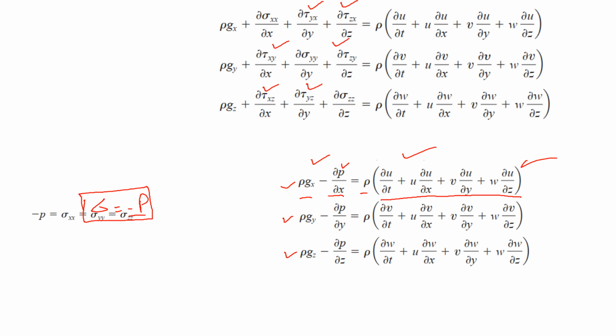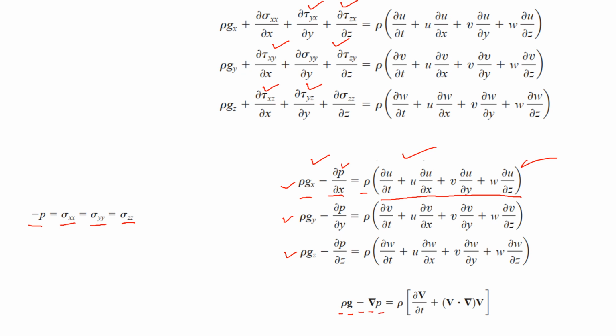After putting this condition, that is by putting stresses in the x direction, y direction and z direction and equating them to minus P, we will get these equations as already discussed, and we can further generalize these equations and write them in terms of this, that is the density times acceleration due to gravity minus del P.